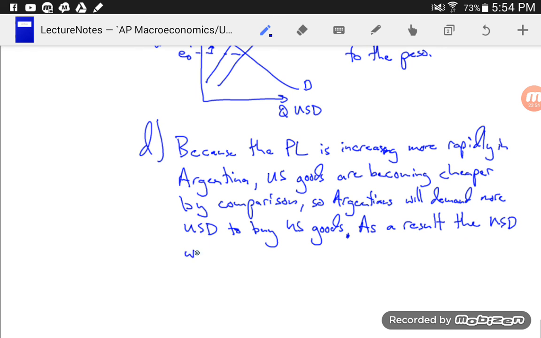The U.S. dollar will appreciate, and the peso will depreciate. I should spell that right, huh? The peso will depreciate. All right. I think I've answered those questions thoroughly.